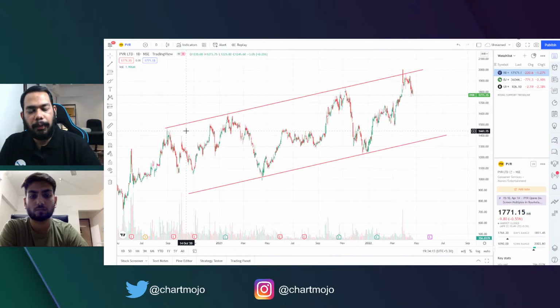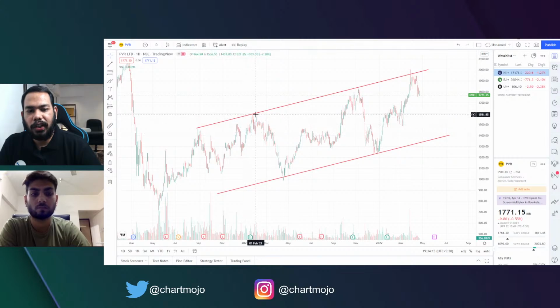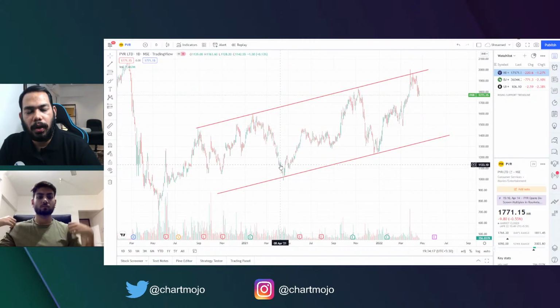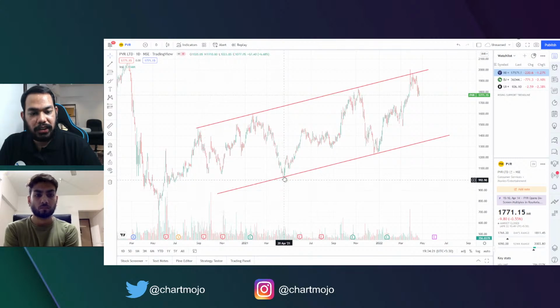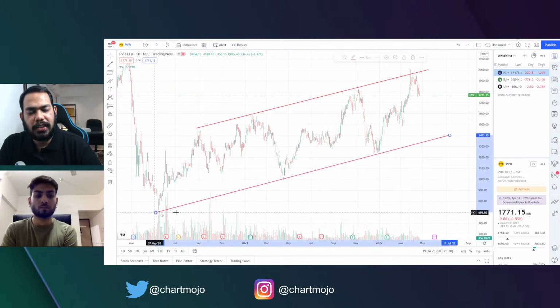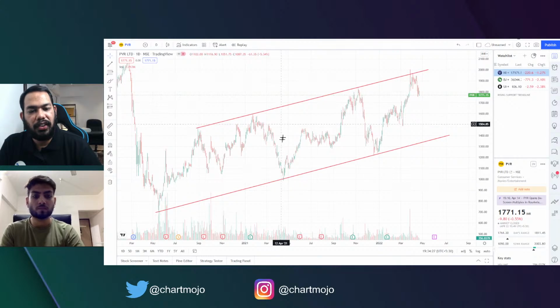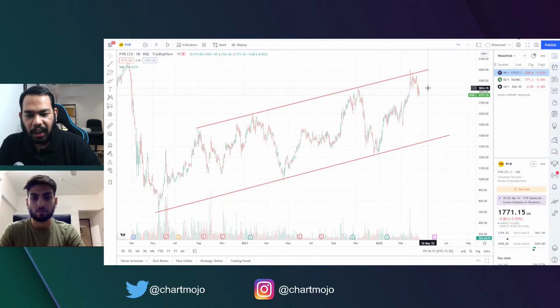Because see, this is the price action of this counter. You can see whenever there was a pandemic wave, the counter would touch the channel low. It was the first wave, second wave fall, third wave. If further pandemic occurs in our country, then I think it might also touch the lower channel.